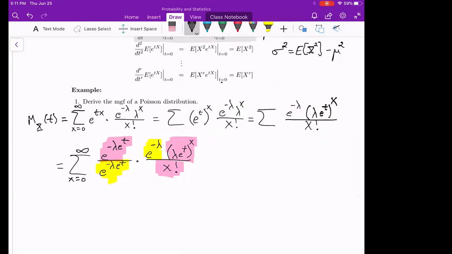So anything that doesn't depend on x can come out, which means that this is e to the lambda e to the t minus lambda. I just combined the two yellow exponentials times the sum of e to the negative lambda e to the t times lambda e to the t all to the x power over x factorial.